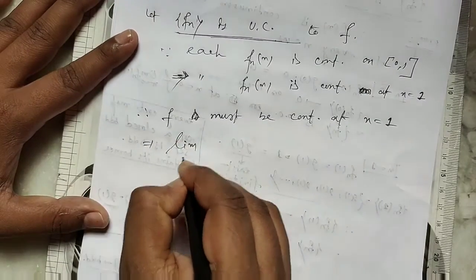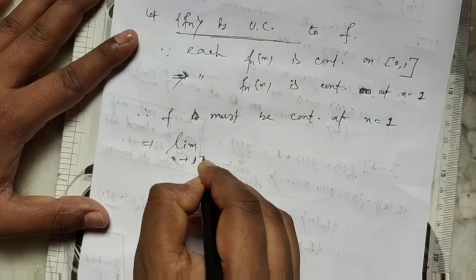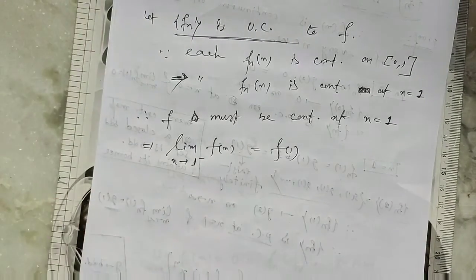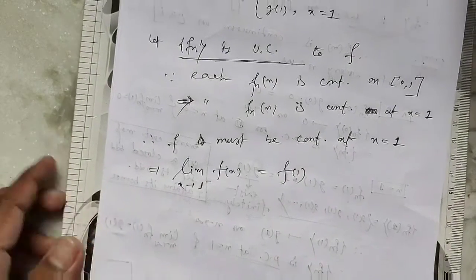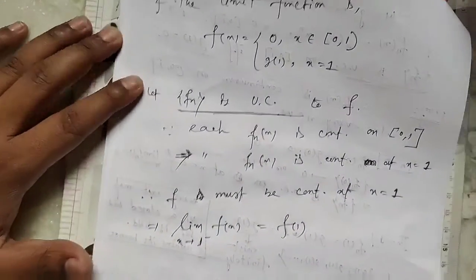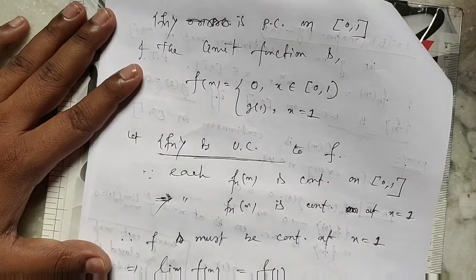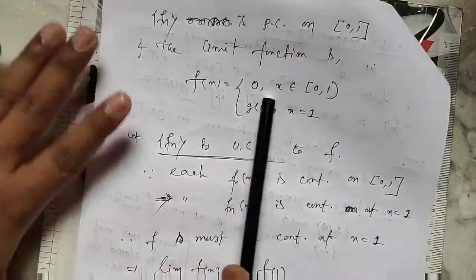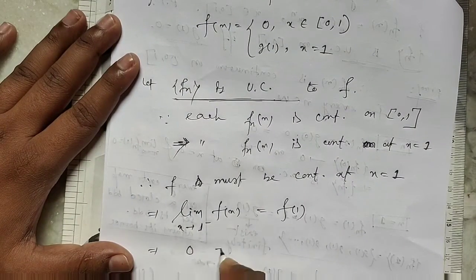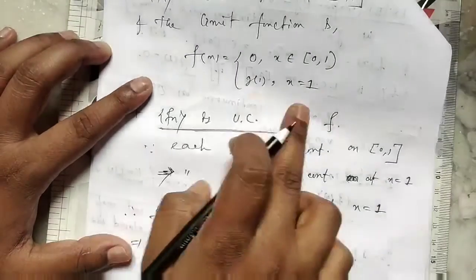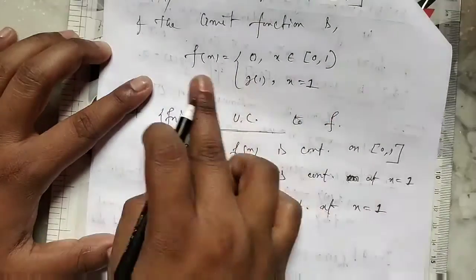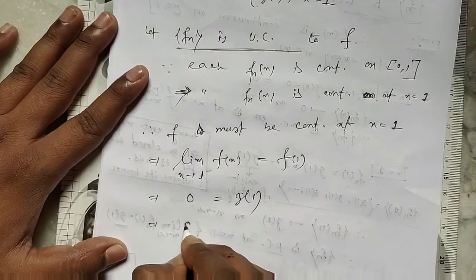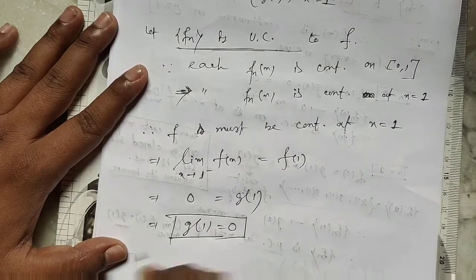So this implies limit x tends to 1 minus f(x) must be equal to f(1), because of continuity of f at 1. Limit x tends to 1 minus f(x) will be 0, and f of 1 means at x equal to 1, f(x) equal to g of 1, so f of 1 is g of 1. So this implies g of 1 equal to 0.